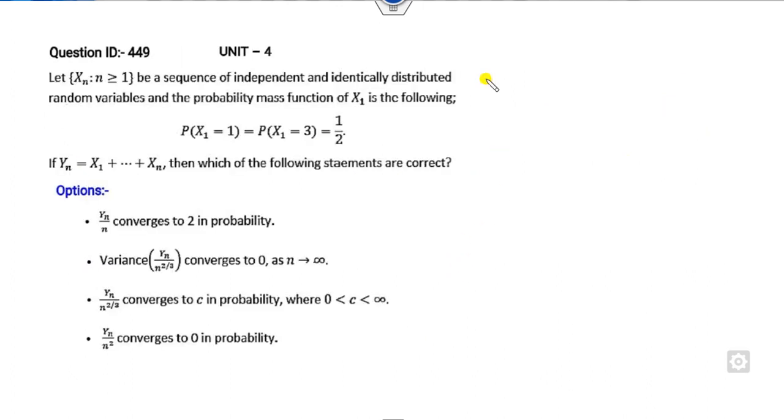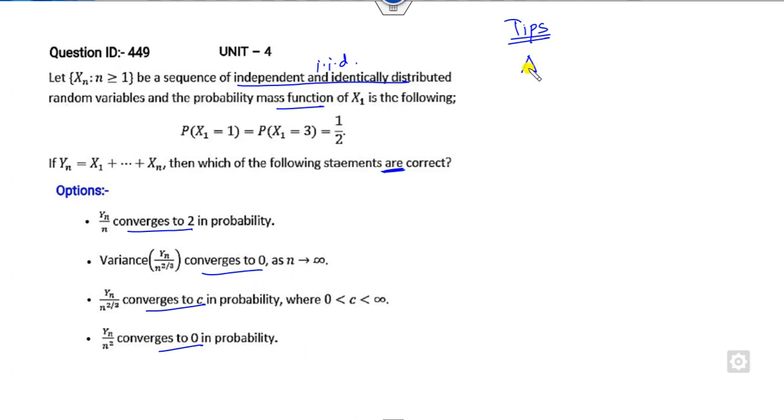Look at another one, where the variables are IID with the given mass function. Which of the following statements are correct? Convergence to 0, convergence to something, convergence in probability. Okay, so what is the tip for you?